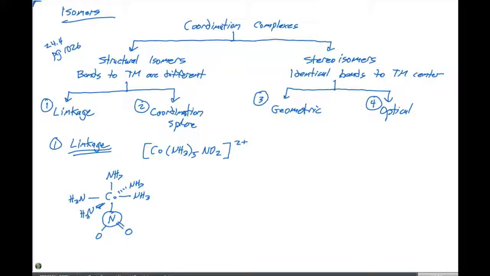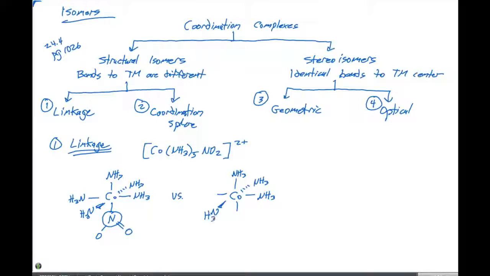What we find in another case is if we compare this particular complex to the same complex with the same ligands, we can get a different atom that binds to that cobalt transition metal center. In each case, we're going to have 5 ammonias coordinated to our cobalt center.